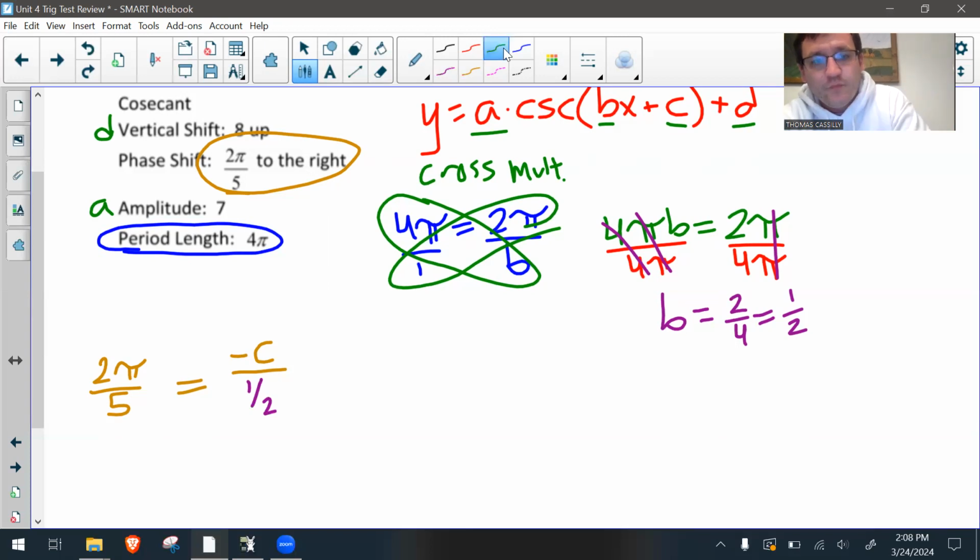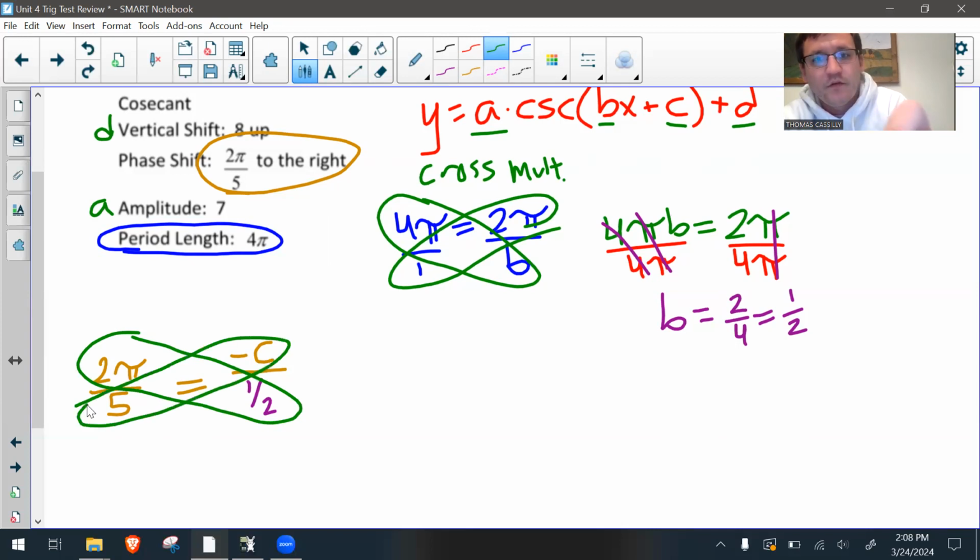Again, the process is the same. So let's just go ahead and cross multiply, and let's see what we get. Looking at that, we have negative 5C equals 1/2 times 2 pi.